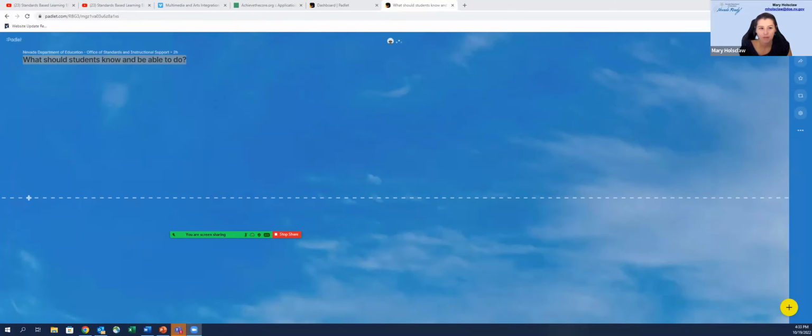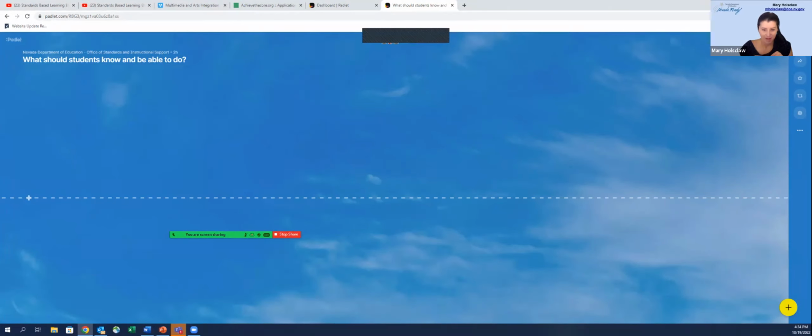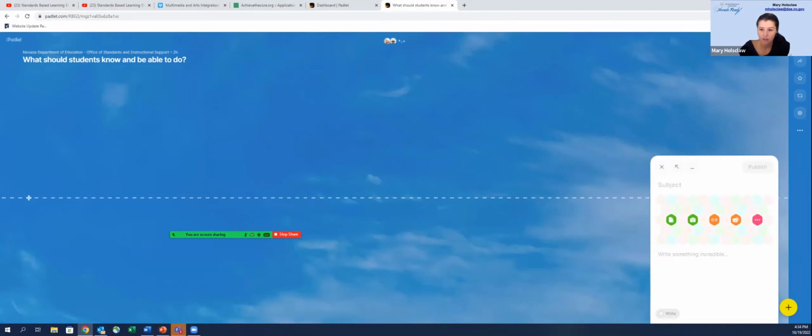And in the Padlet, if you've not been able to use it before, you're going to add your note by using the plus sign in the bottom right-hand corner, right? Making sure Mark's got me on that one. And just take 2 or 3 minutes. These don't have to be long thoughts, just kind of get us started of what should students be able to know and what should they be able to do.